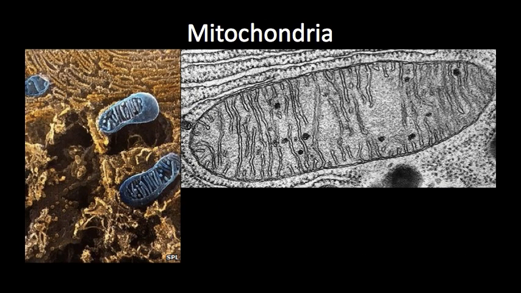The next organelle I want to talk about is mitochondria. Mitochondria live inside the cell, and they convert inputs such as oxygen and nutrients into energy. And in a cell, energy is transmitted as ATP.